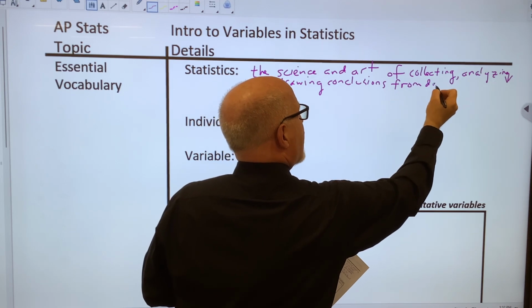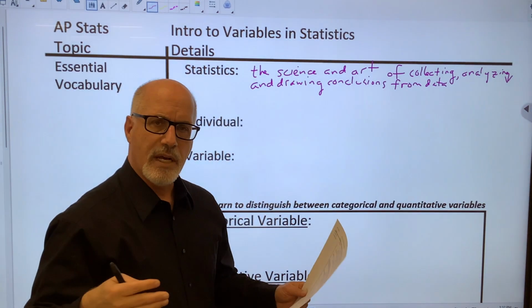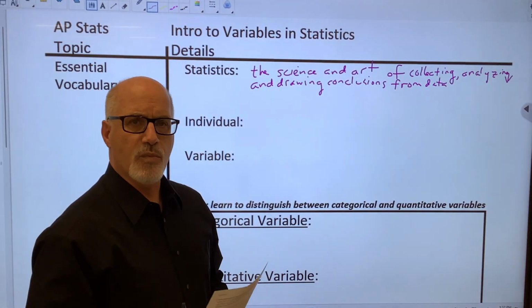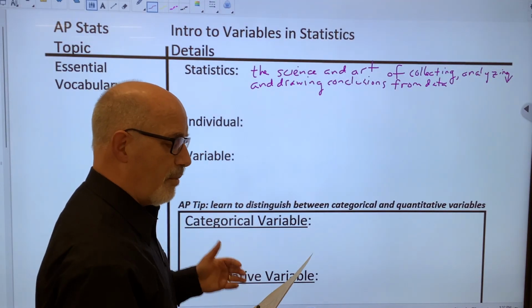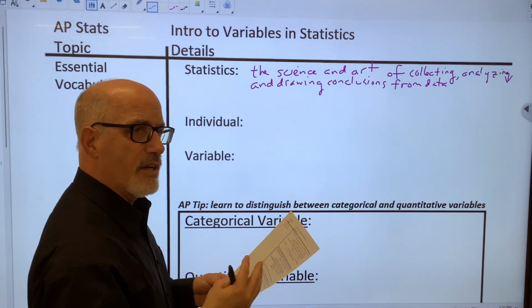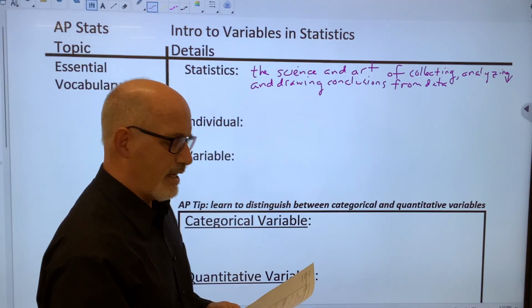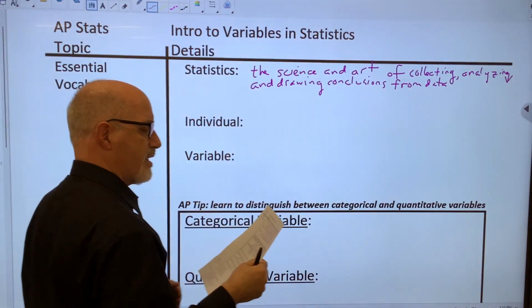So as we gather data, as we use data in order to make inferences, to do work, to help us with whatever we're trying to study, we want to use different techniques, and that's what the art and the science of statistics is.